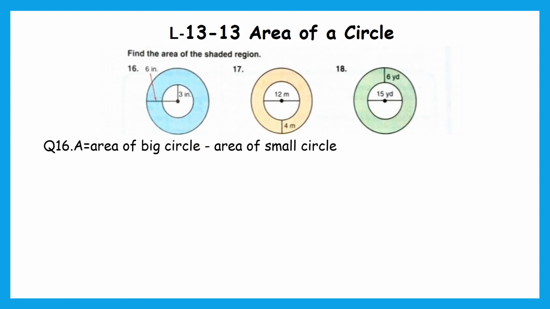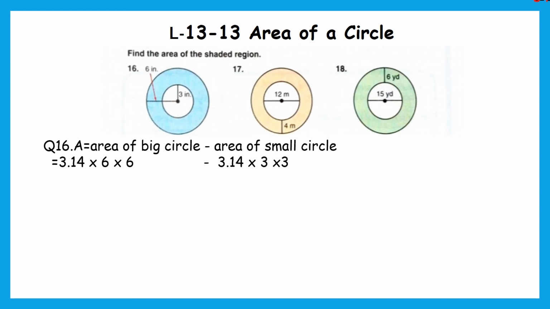Because 3 and 6 are there, you use 3.14. 6 into 6, pi r square, you know. The smaller one is 3 and 3.